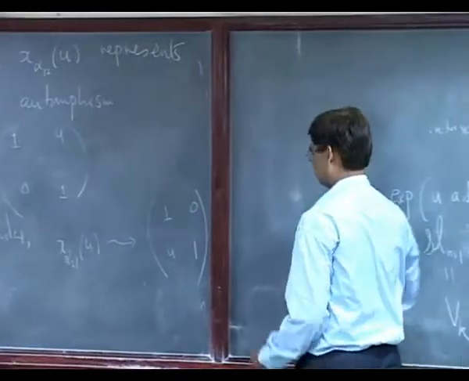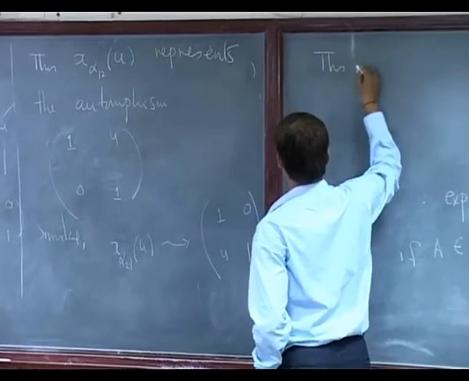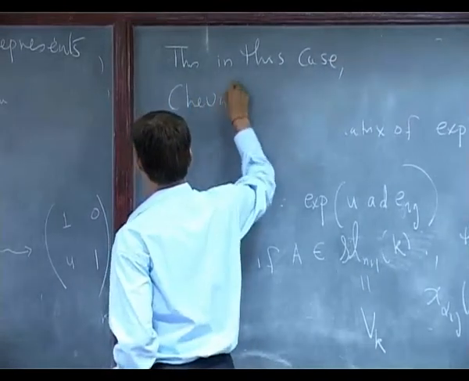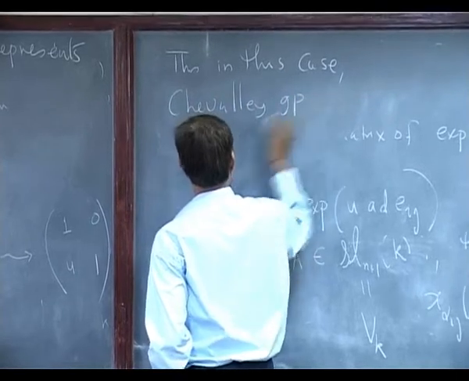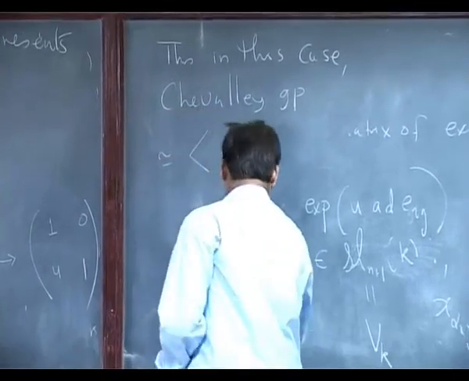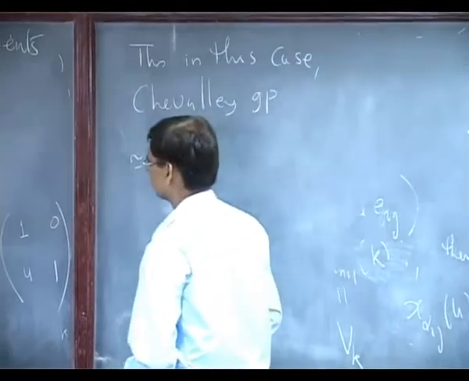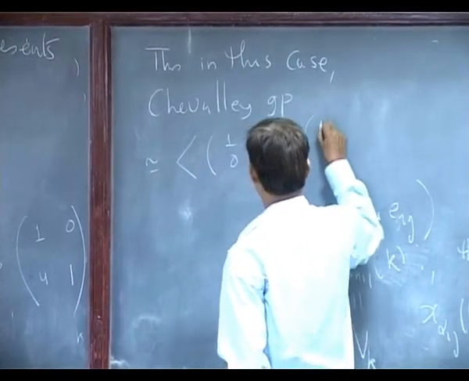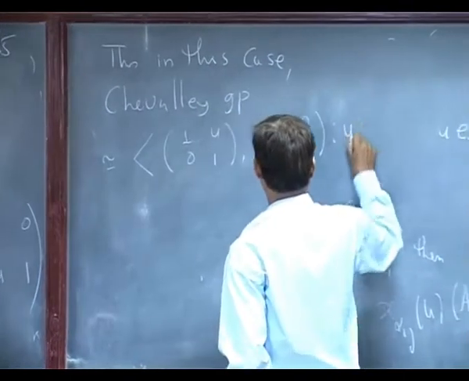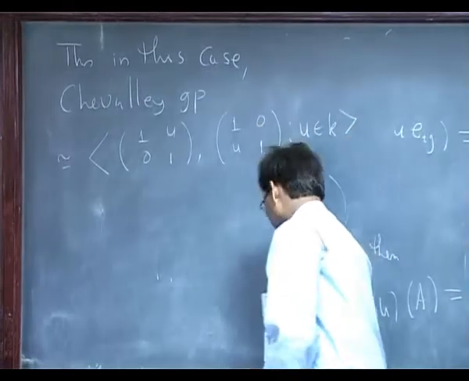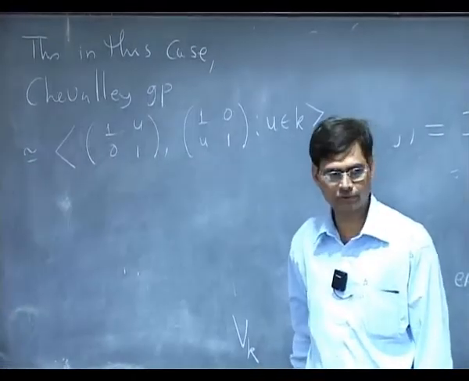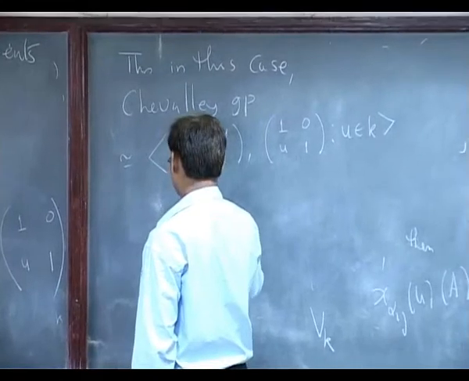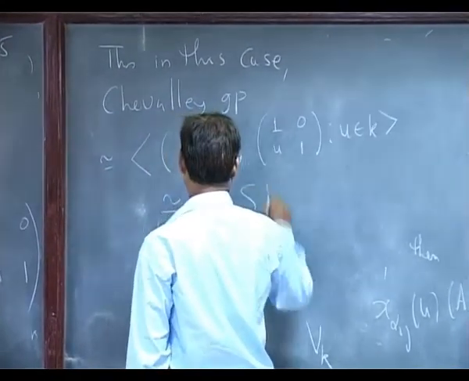Thus, the Chevalley group is isomorphic to the subgroup generated by the matrices of the form (1 u; 0 1) and (1 0; u 1) where u belongs to K, and it is an exercise that this is isomorphic to SL2.